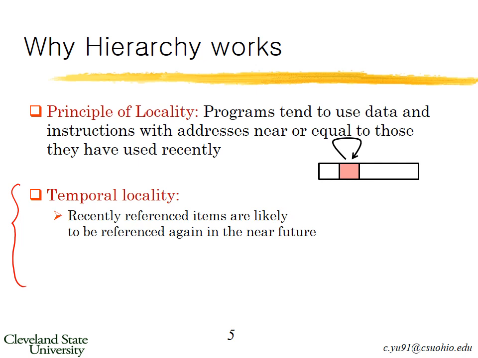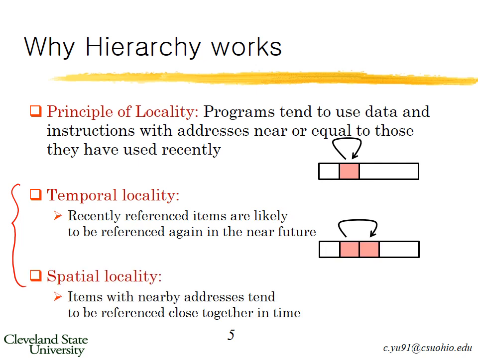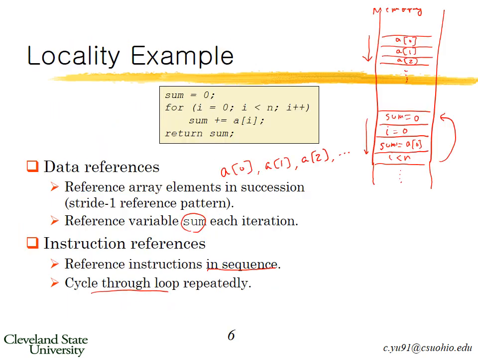Temporal locality means that whatever data item has been referenced recently is going to be referenced again and again in the near future. Spatial locality means that nearby addresses are referenced again and again. So by using this principle of locality, although it is a small size, the one-page cheat sheet can be effective to fill the speed gap.